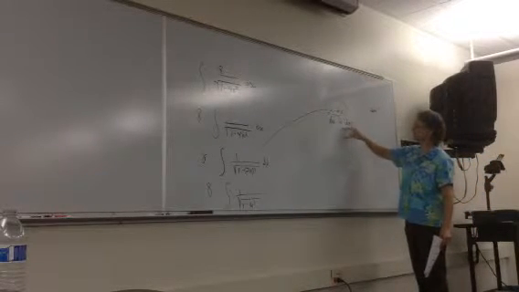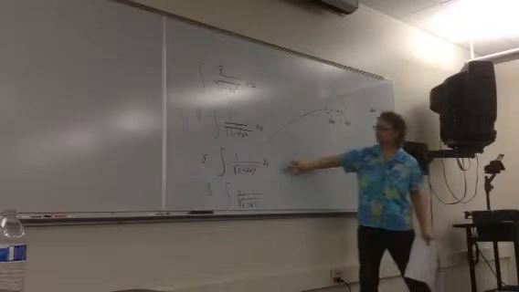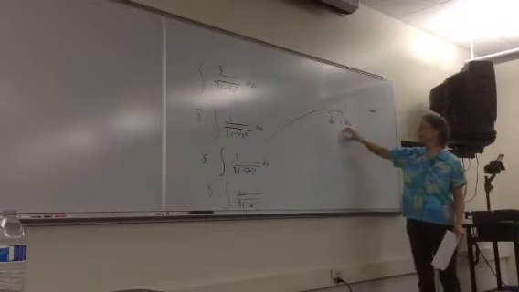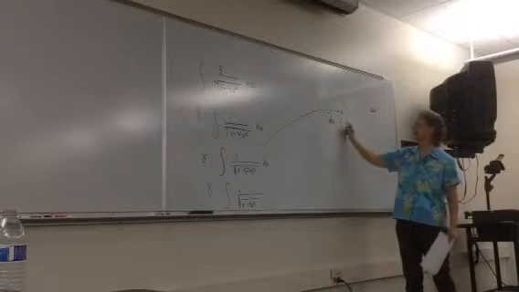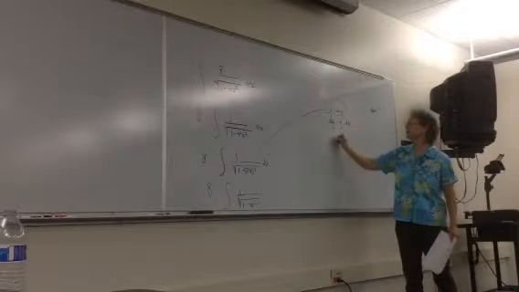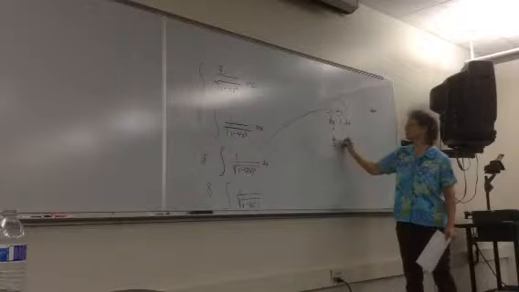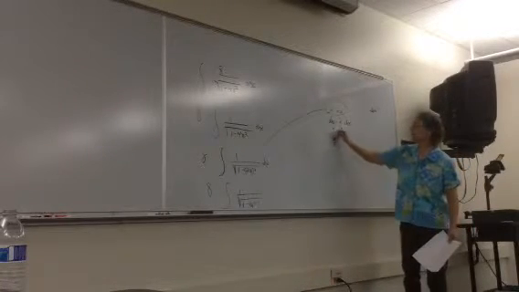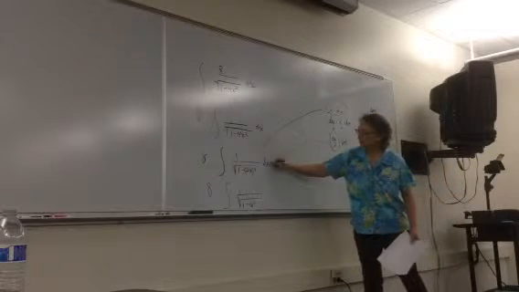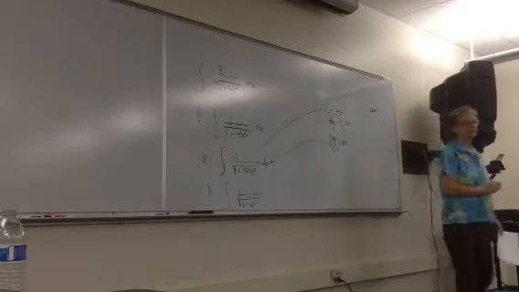When I try to plug something in for my dx, all I've really got is 2 times dx. But I can fix that. I'll just divide both sides by 2, and then I have du over 2 equals dx. So now for dx, I'll just plug that in right there.